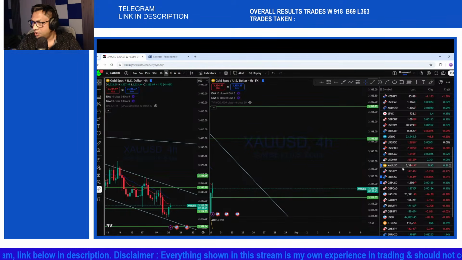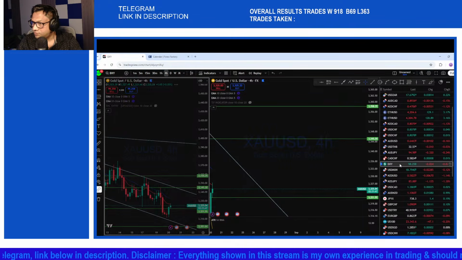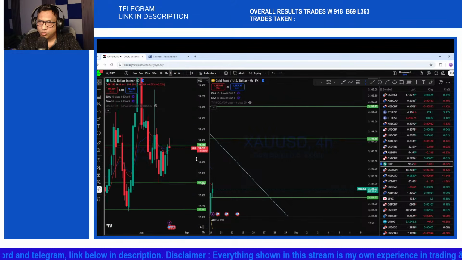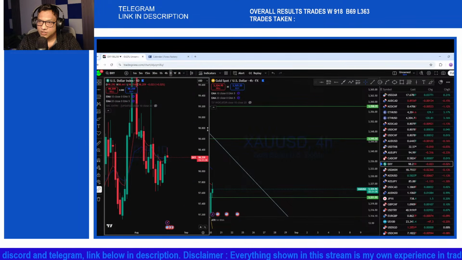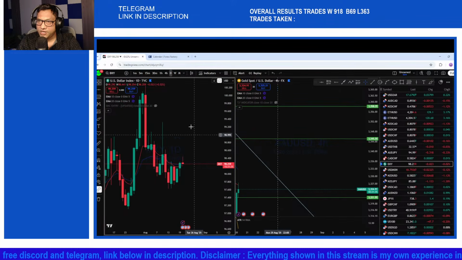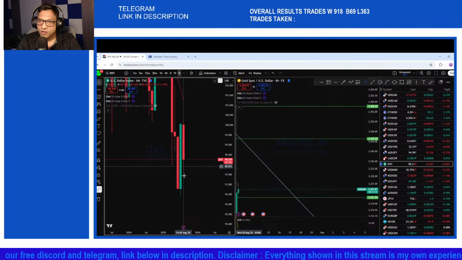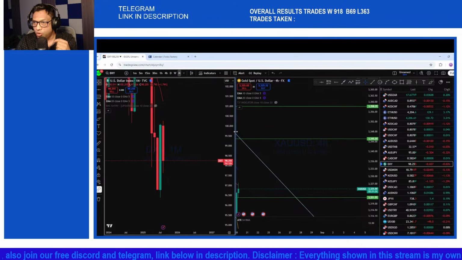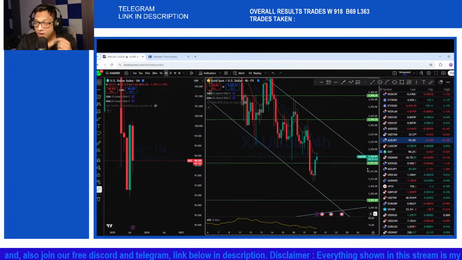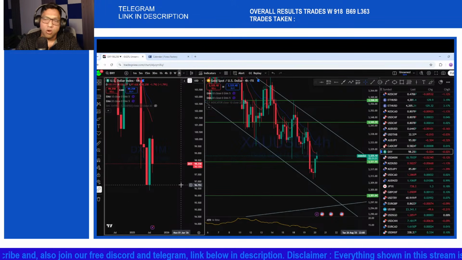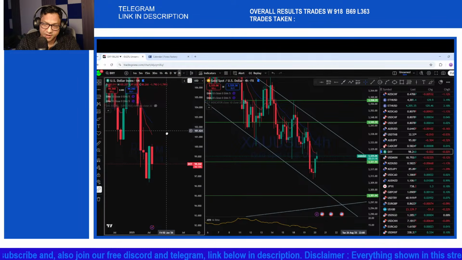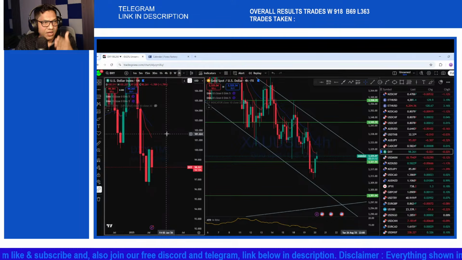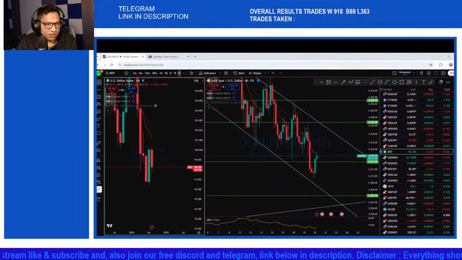Looking at DXY on the daily time frame, and also the monthly, first of all I'm going to do analysis on DXY, because when we do the analysis on DXY along with gold, we'll be able to get a better understanding of the overall market on euro dollar, British pound, US dollar, dollar yen, and how they might behave in this session. Are you guys ready?